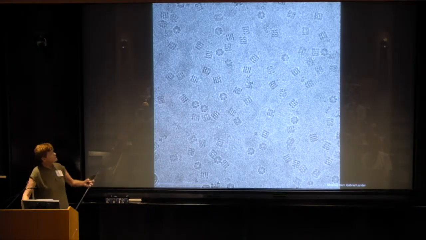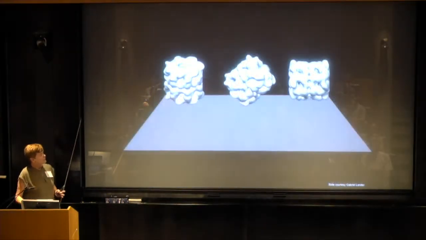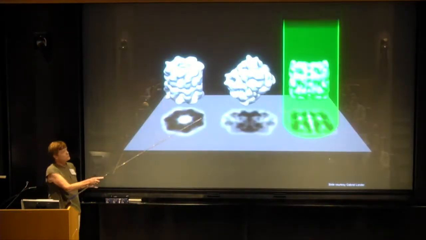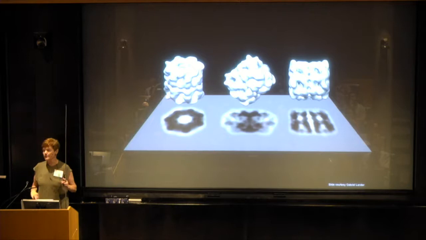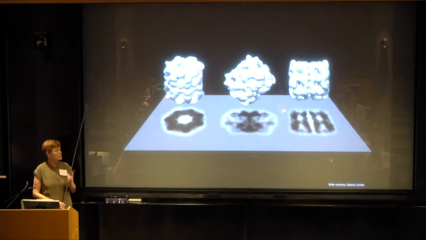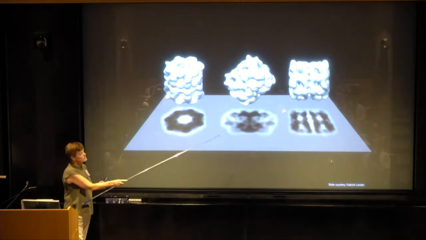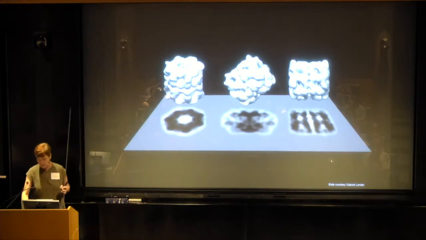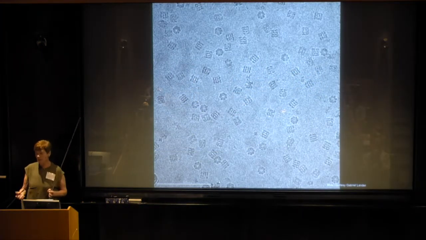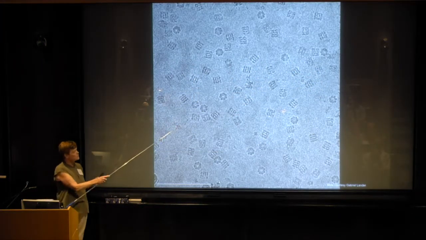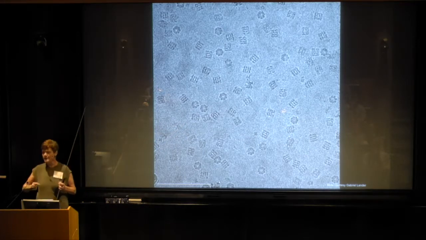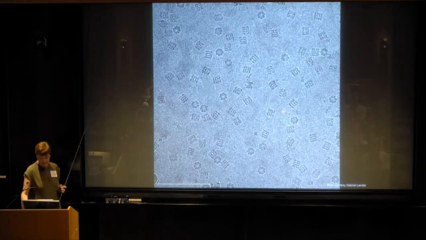We have all these different views of the particles, because, we hope, they were tumbling around in solution and got snapped into that solid phase. We get different projection views of the sample. It's also incredibly noisy. This is an enormous particle, so we can see it really well. With very tiny particles, I'll show you later, you can barely see them at all.